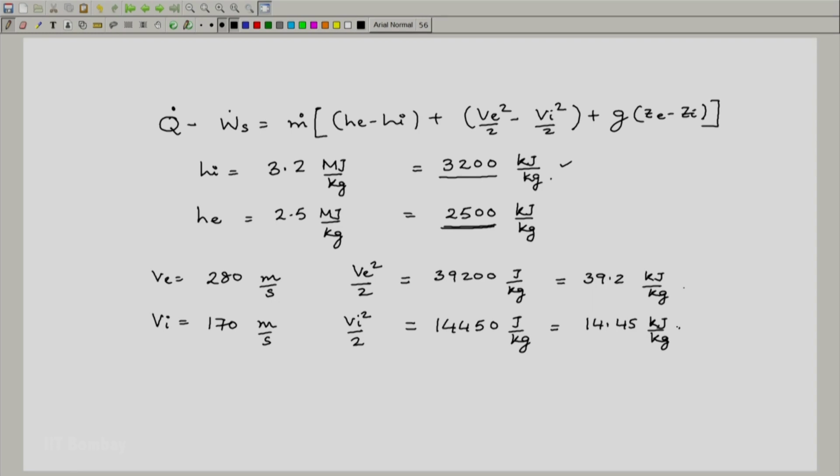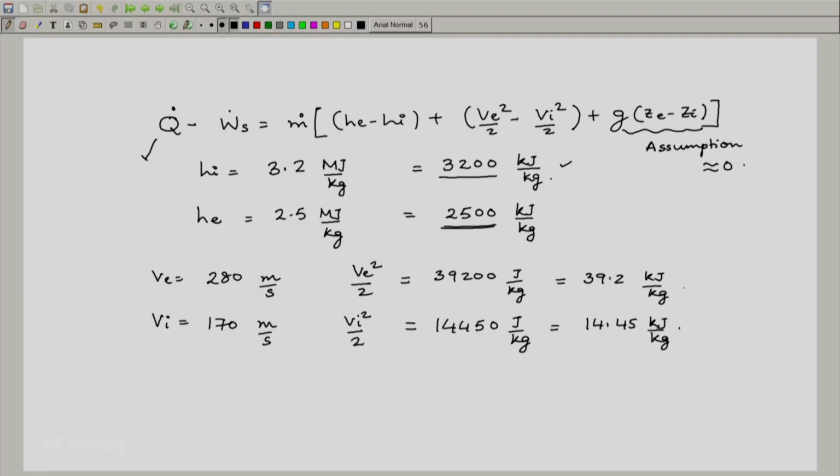What has been mentioned about Ze and Zi? Nothing. So we can make an assumption: let me put this down as nearly equal to 0. What about Q dot? It seems like the turbine is not adiabatic, and Q dot is of the order of 50 kilojoule per kg.